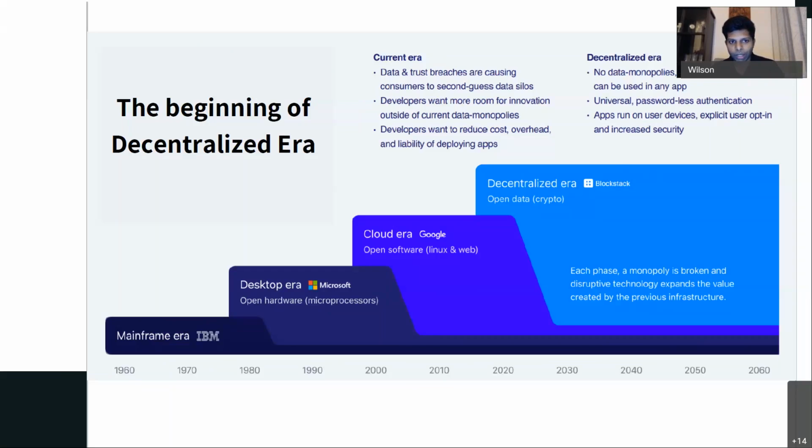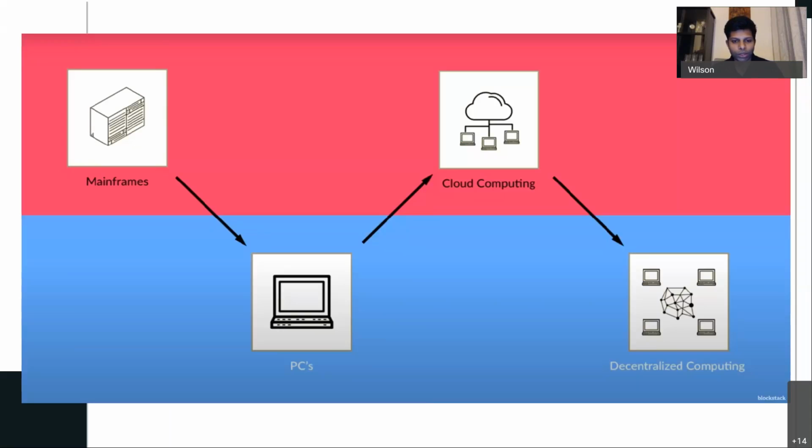That's the beginning of the decentralized era, and we have already started it, with the advent of Bitcoin in 2009 and blockchain as a potential enabler. At that foundation layer, issues of trust, security, and privacy are being taken care of, and we'll move forward to see how that works.